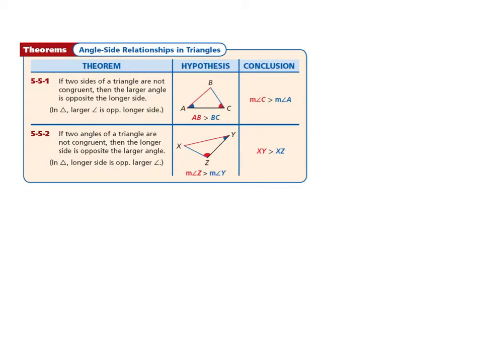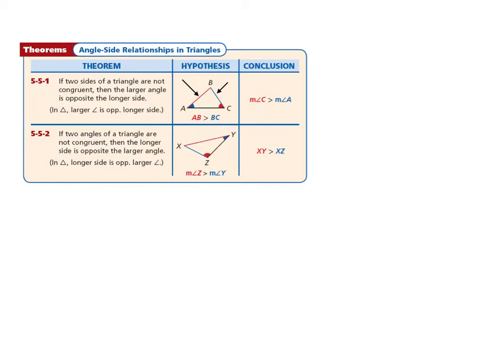Next, we're going to look at two theorems that talk about the relationship between the angles and the sides. The first one looks at two sides of a triangle that are not congruent, and the key here is not congruent. We're going to look at the length of side AB in comparison to the length of side BC.